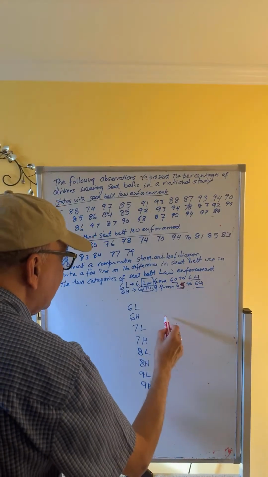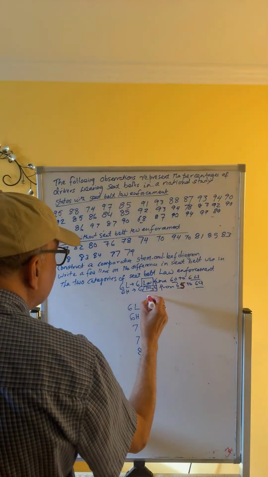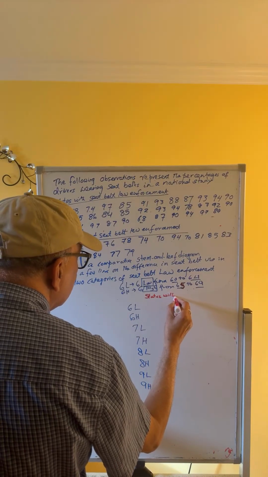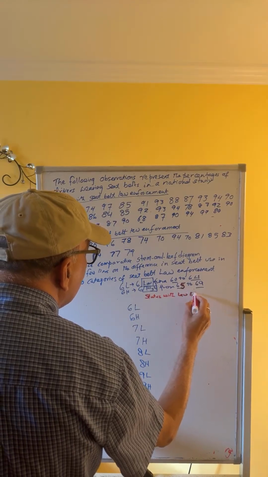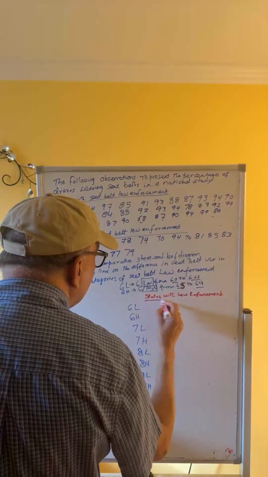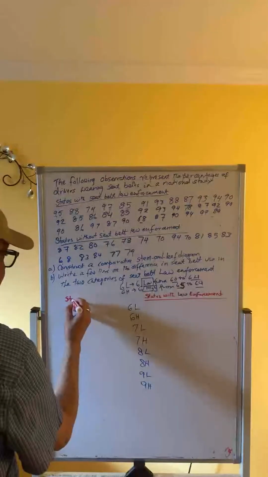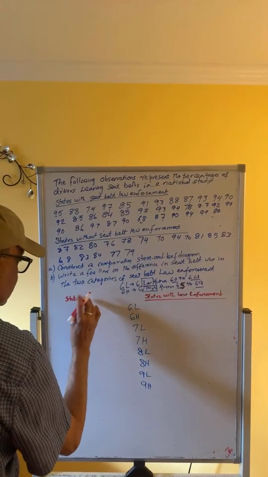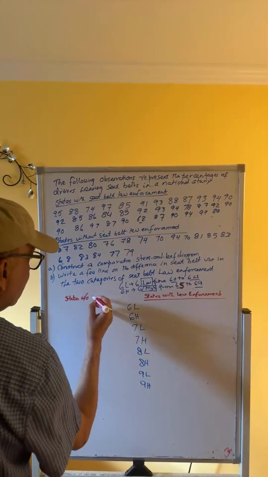So 68 falls here. The leaves will be for states with law enforcement on the right hand side, and on this side I will do states without, WO, law enforcement.